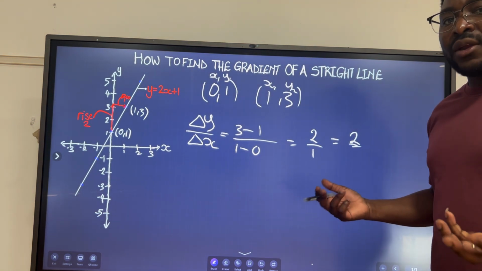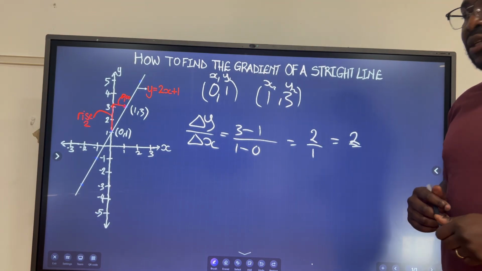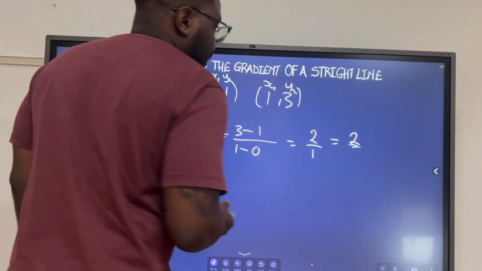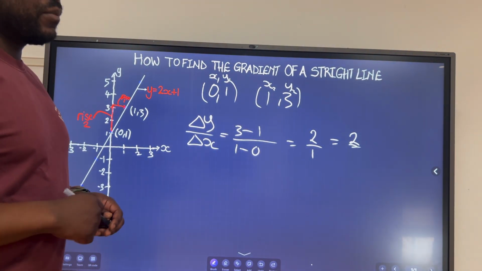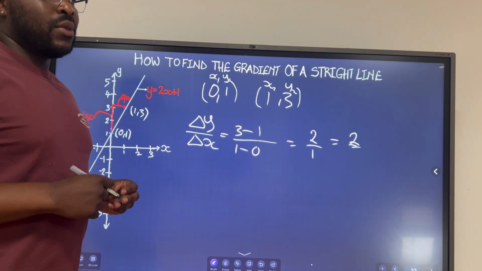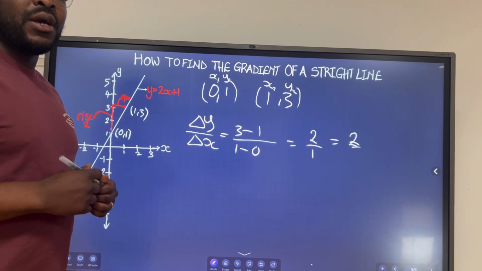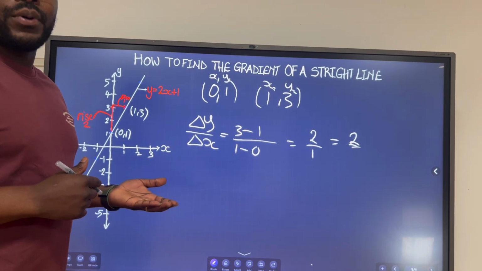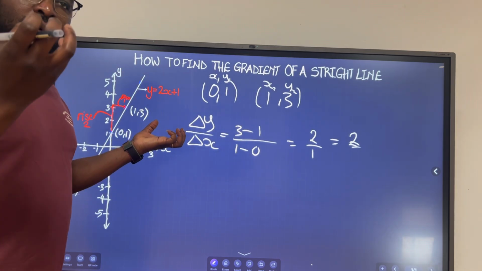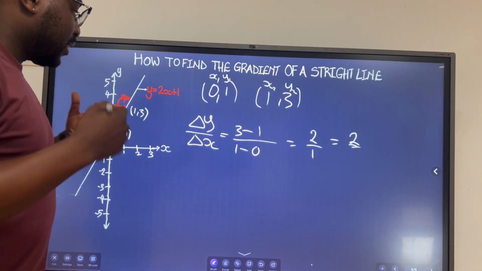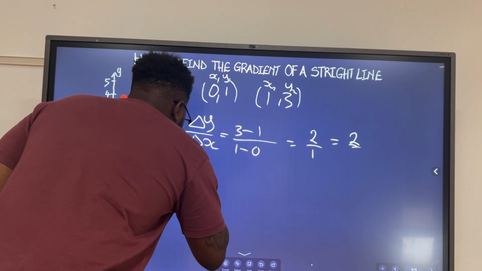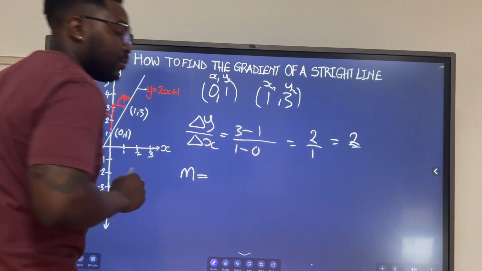So then, what then will be our gradient formula? Sometimes you would hear other teachers, or maybe you might read it in a question paper, and they say, find the slope. So, gradient and slope mean the same thing, yeah? And they are denoted by a small letter m, yes?